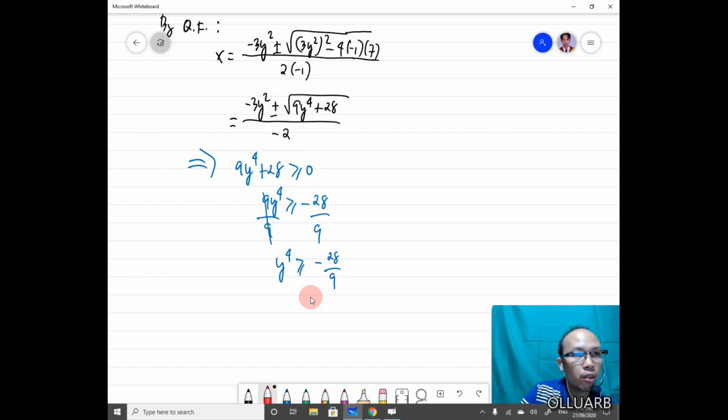If a number is raised to the power of 4, it is always positive. That's why the values of y are all real numbers.